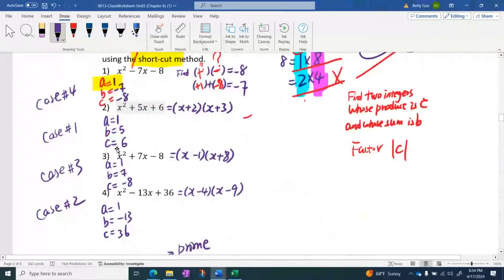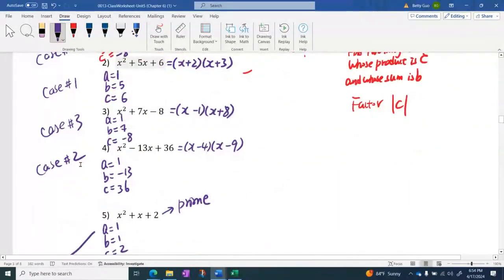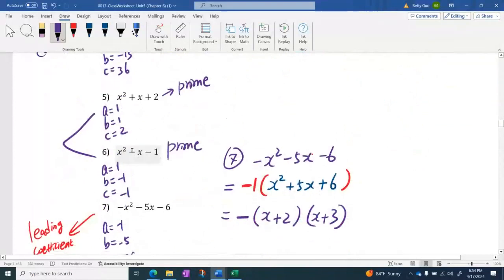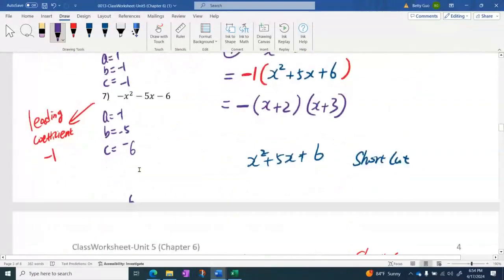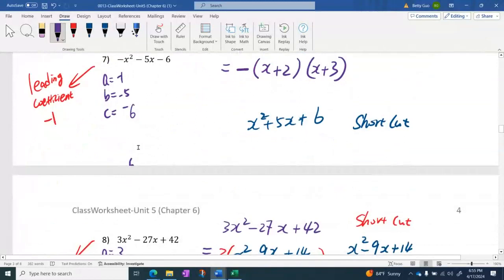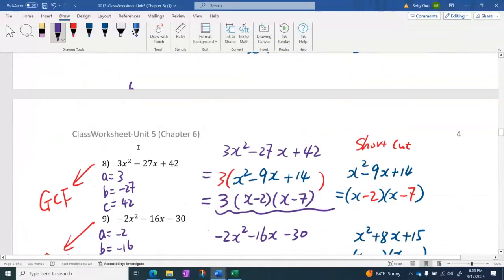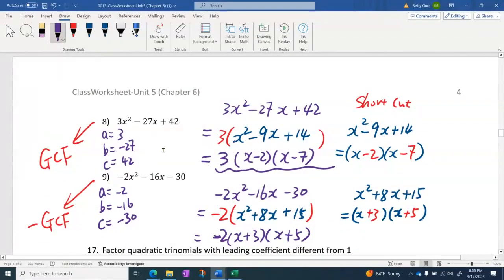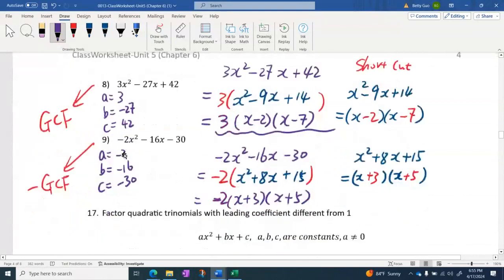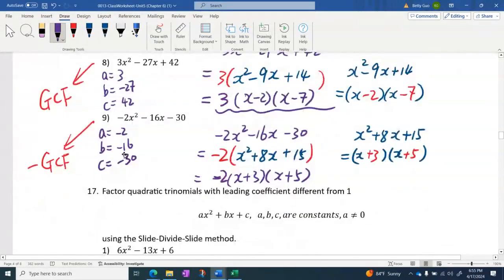The first 4 questions correspond to the 4 cases. 5 and 6, they are not factorable. Number 7 is to show us what to do if the leading coefficient is negative 1. Number 8 is to show us what to do if the leading coefficient is the GCF. You just need to factor it out. And number 9 is to show us what to do if the leading coefficient is a negative GCF.